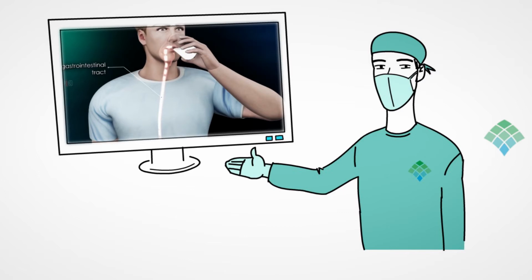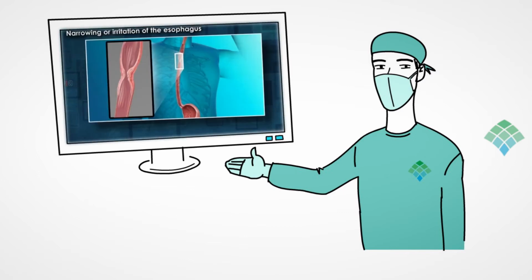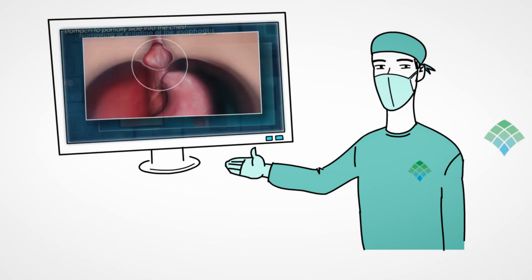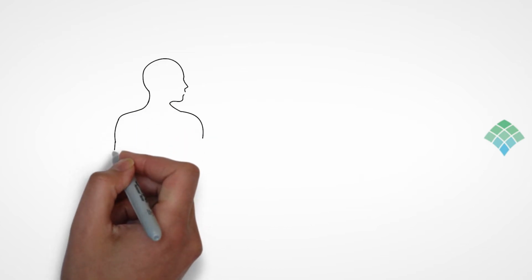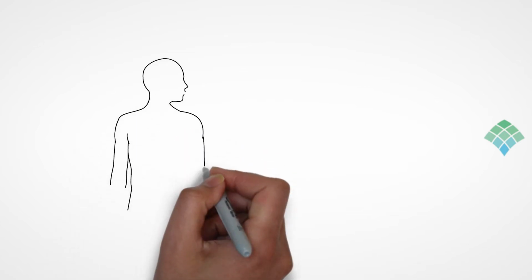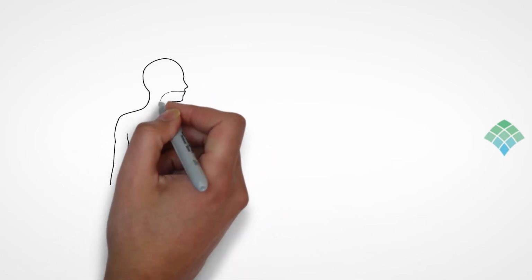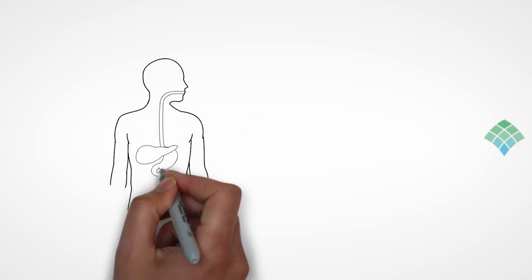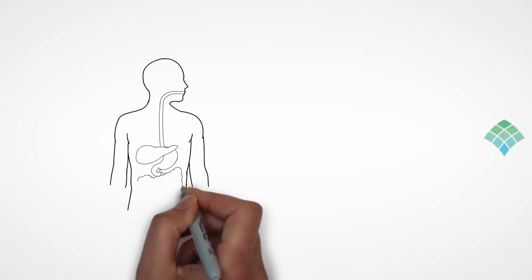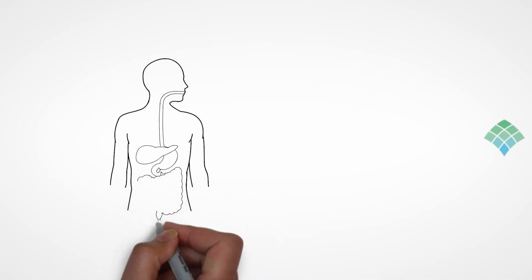A cup of contrast is swallowed sometimes with marshmallows or a tablet to assess the structure and function of your upper digestive tract. pH monitoring is performed with a small pH sensor that is either attached on the esophageal wall for 48 hours or inserted into the esophagus through a thin probe for 24 hours that will record all the reflux episodes. There is minimal discomfort associated with this procedure.